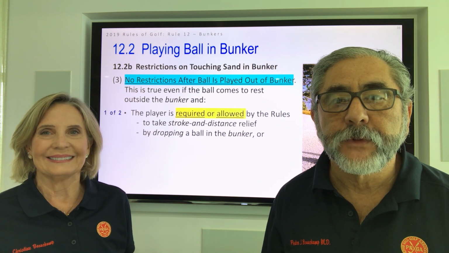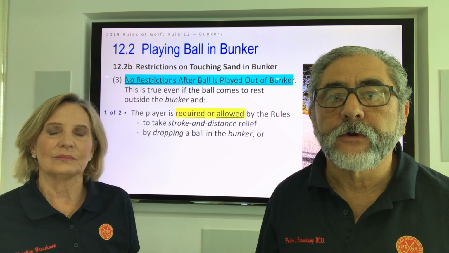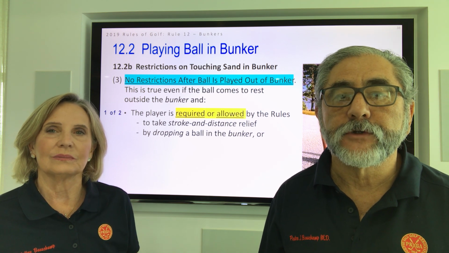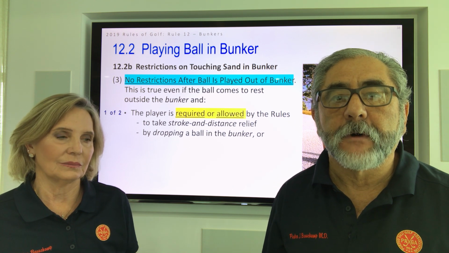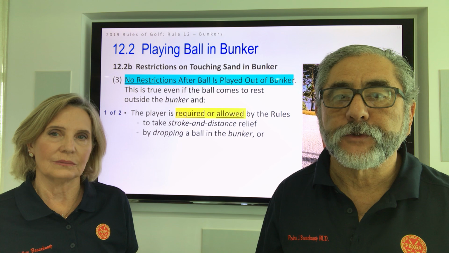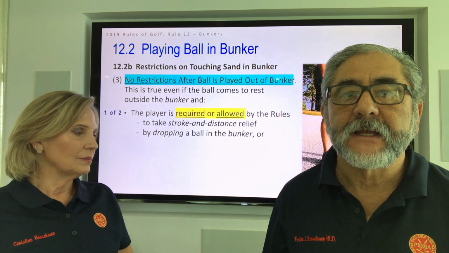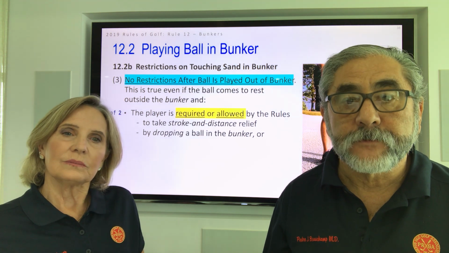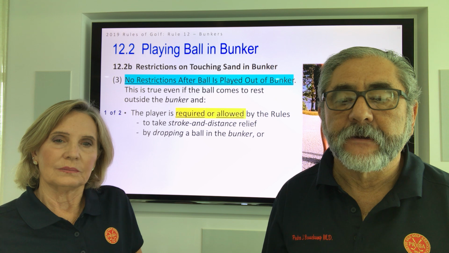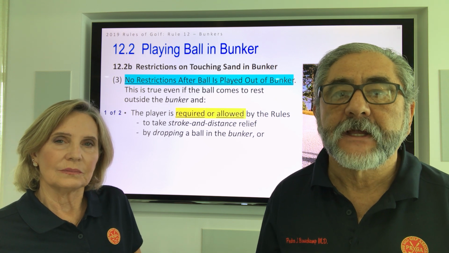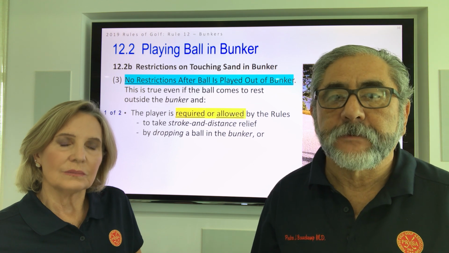You can smooth your footprints, etc., in the area that you are going to drop and execute your next stroke. Let's say, for example, you hit your ball into an unplayable situation, out in the woods, and you want to play again from where your last stroke was made, which was from the bunker. You can smooth and prepare the area so that you can have a smooth condition to play again.